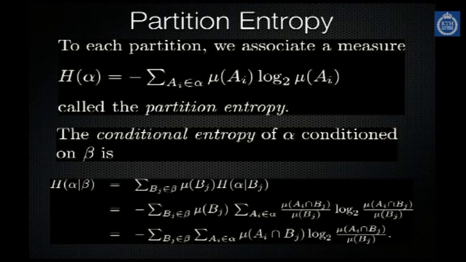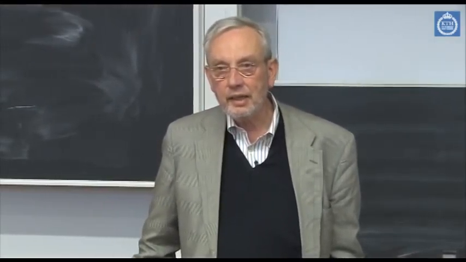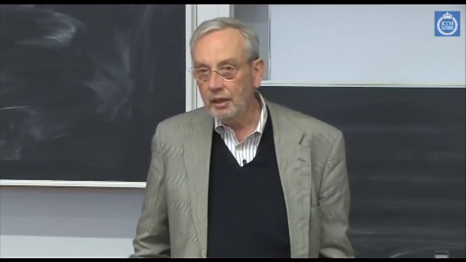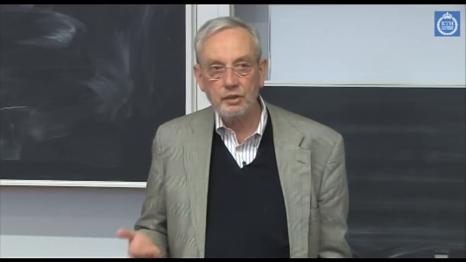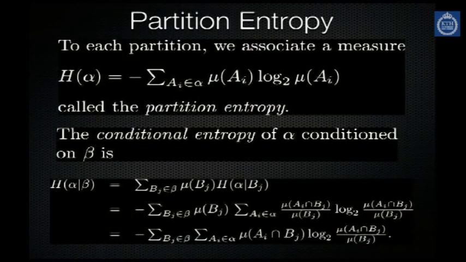Okay, so let me talk a little bit about partition entropies. Partition entropies are interesting, and I think they pretty much grew out of the Russian school around Kolmogorov, studying these things as an alternative way to think about information theory, and this was quite some time ago. So the idea is that if you have a domain and you have a partition of the domain, which we'll call alpha, then there is an entropy associated with it, and it's given here.